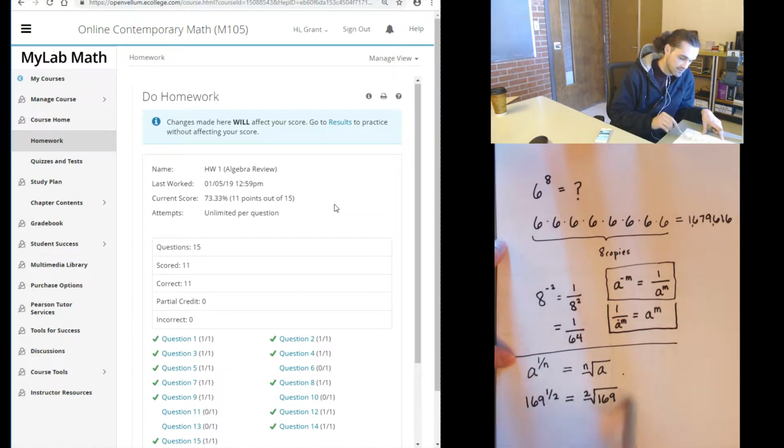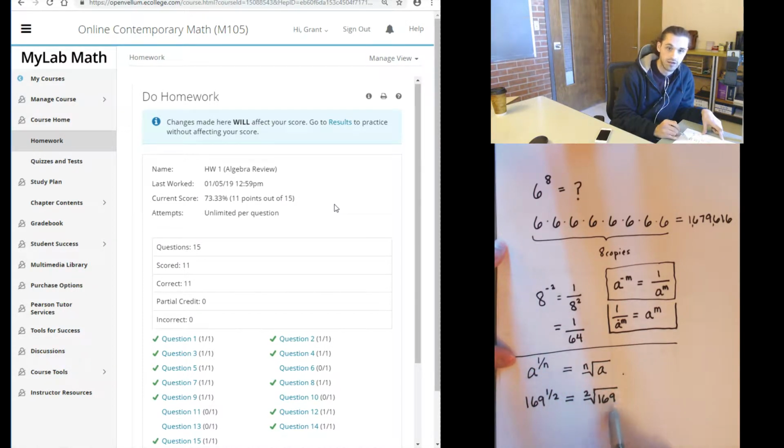This notation tends to not be received well by students. Personally, I don't like these radicals. I think all radicals should simply be represented as the fractional exponents that they are. So consider the nth root of a is a to the 1 over n.